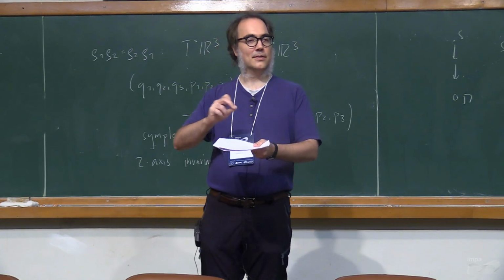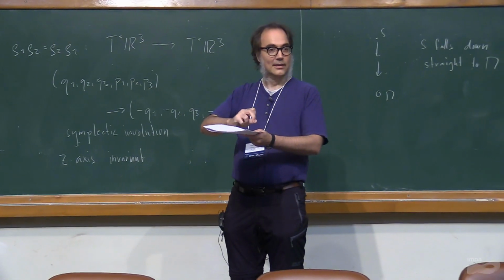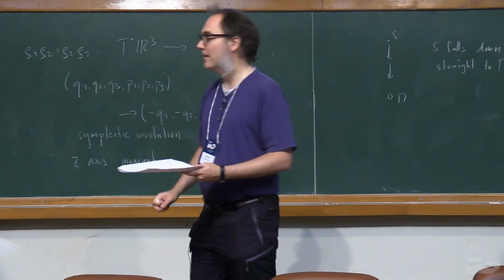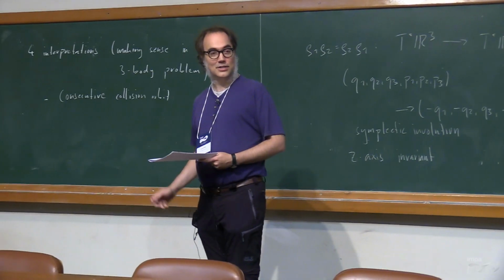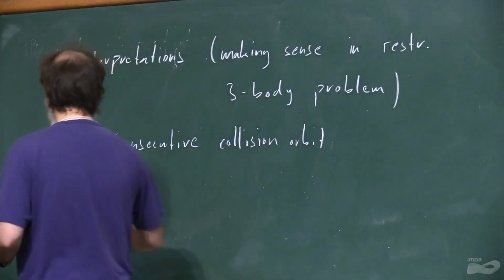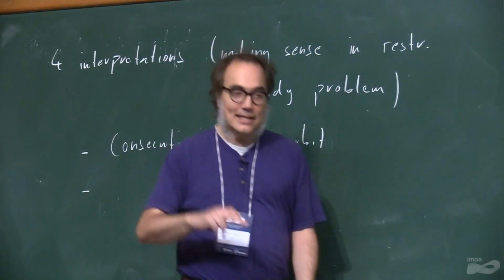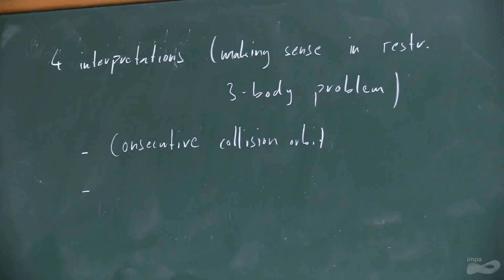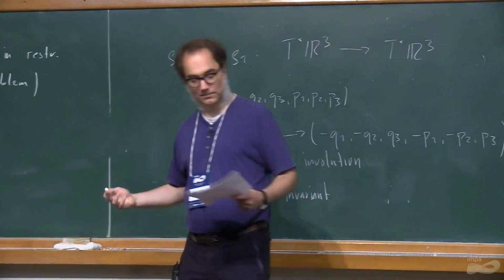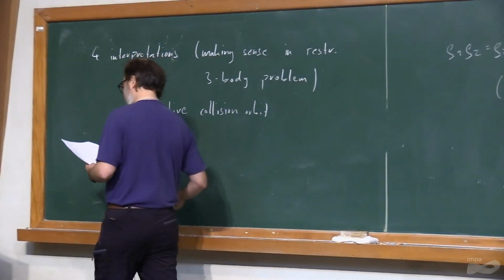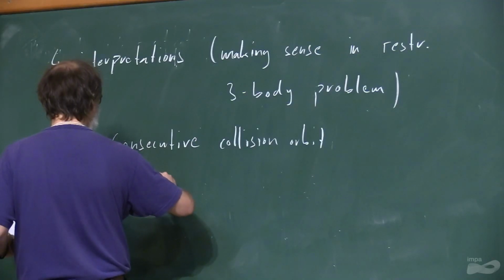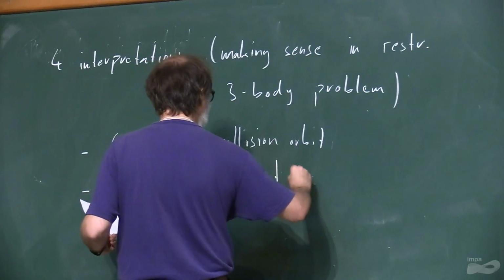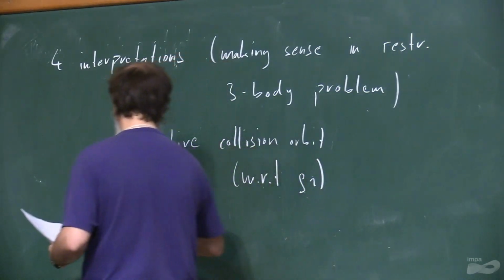So the collisions you can think of as kind of Legendrian, and this is a chord from a Legendrian back to a Legendrian. So this is one interpretation as a consecutive collision orbit. Then we can interpret it as a symmetric consecutive collision orbit, because it's symmetric with respect to rho 1.